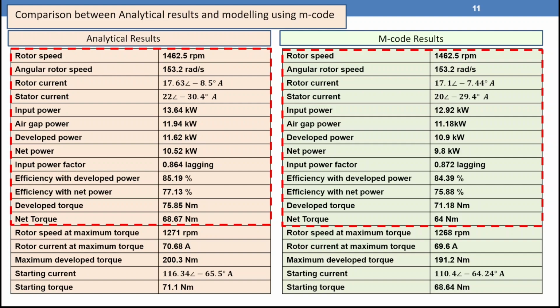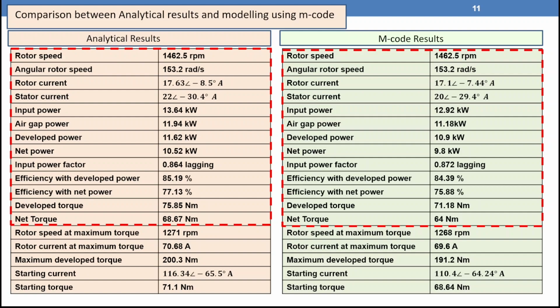For the maximum torque, we have the maximum torque occurs at speed something like 1268 RPM, which is close to the analytical results. But the rotor current at maximum torque is something like 69 ampere from the M-code and 70 ampere in the analytical results. But the maximum torque, developed torque, from the M-code is 191.2 Newton meter, but from the analytical results something like 200 Newton meter.